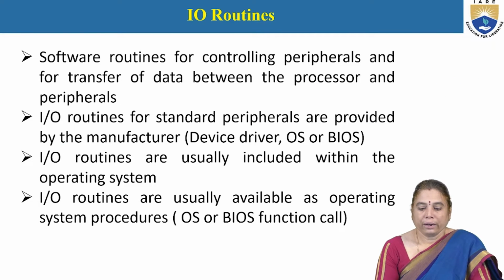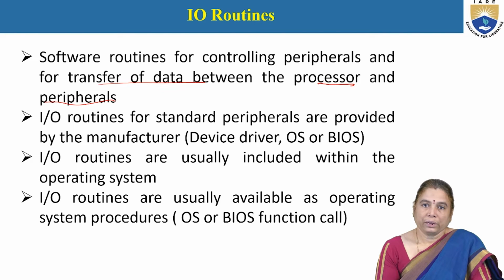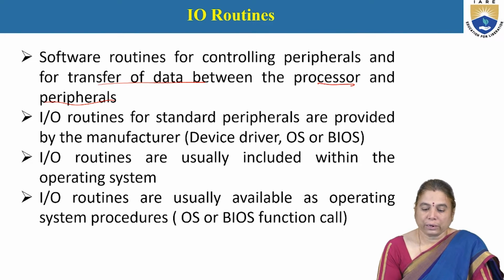What are IO routines? Software routines for controlling peripherals and the transfer of data between the processor and peripherals are referred to as IO routines. So the software that facilitates input-output operation between the processor and the peripheral devices is referred to as IO routines.